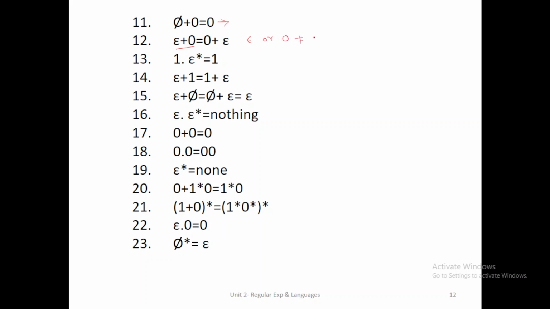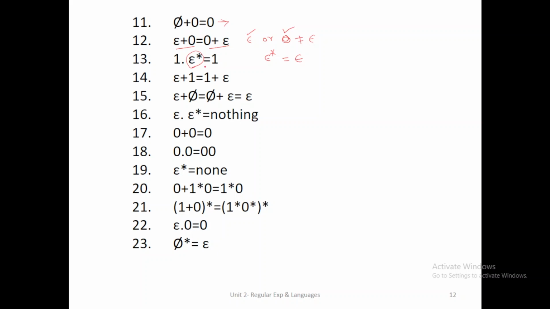So the answer is not epsilon. Your string may be empty, or your string may be exactly 1 0 in it. So you cannot combine it, but you can rewrite it as 0 or epsilon, but it's not equal to epsilon. Okay, the answer for epsilon star is epsilon. So epsilon star answer is epsilon.